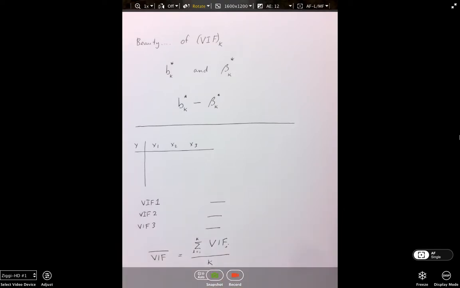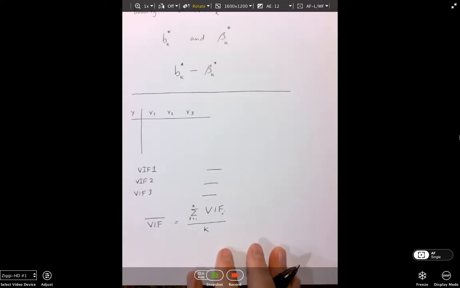And what's really cool about getting the mean is this tells us how many times the error sum of squares is inflated compared to if the x variables were uncorrelated or not linearly related.